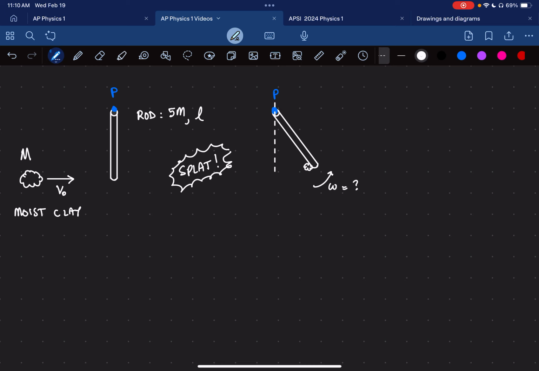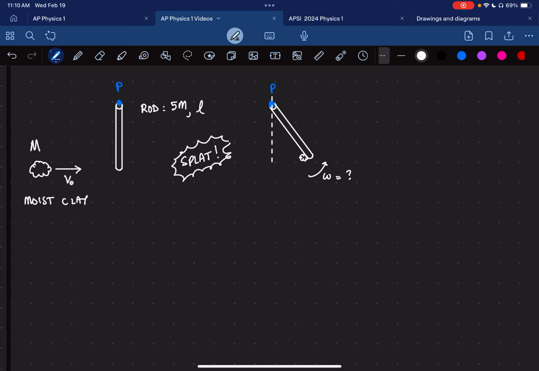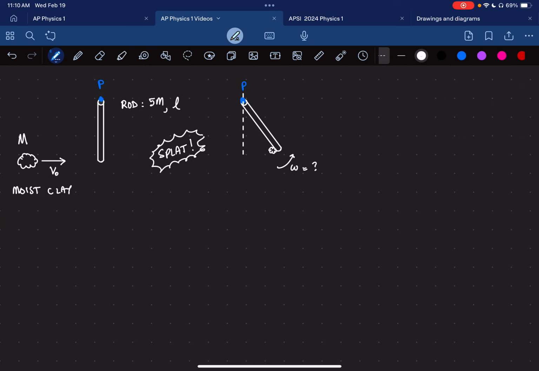And we're going to use the concept of conservation of angular momentum. So here are the two pictures. The left side of the splat and the right side of the splat are our two pictures. If you look at the picture on the left, which one of these has angular momentum? Some people will say there is no angular momentum. Some people will say there is.